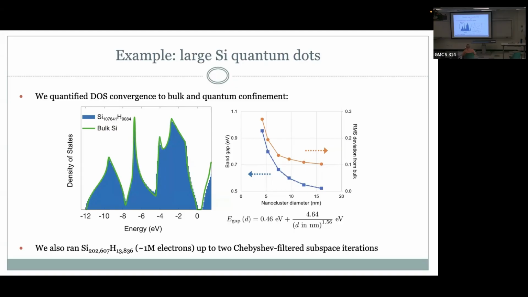Another question is, does the method apply to metallic systems? Yes, metallic systems just as well. For metallic systems, what we introduce is some kind of Fermi-Dirac statistics around the Fermi level, because now you're going to have empty and filled states right neighboring each other.